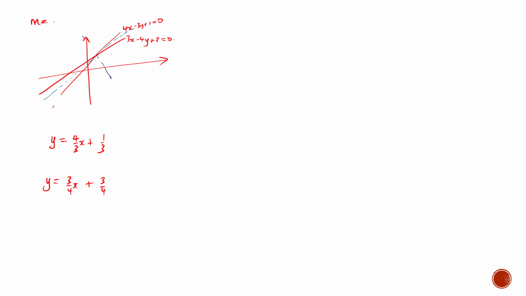Now, we know that the gradient is equal to tan theta, right? For lines like this, the gradient is equal to tan theta, where theta is the angle the line makes with the positive x-axis. So what would that mean?